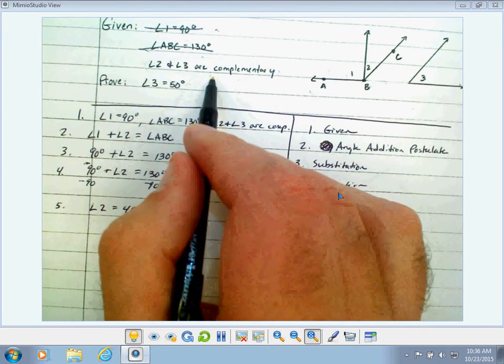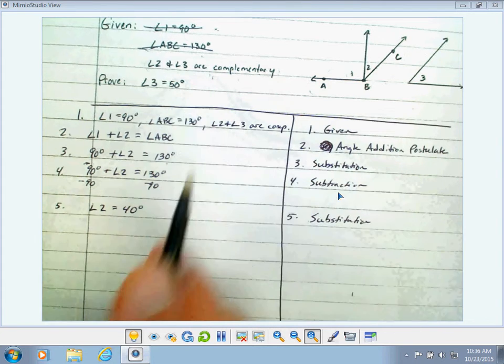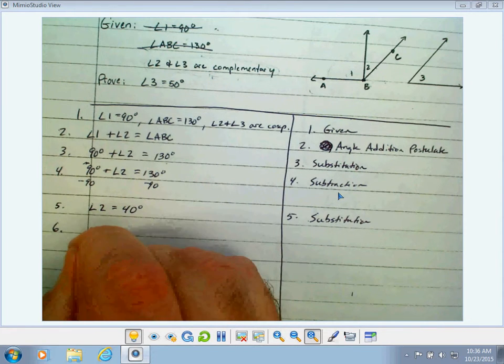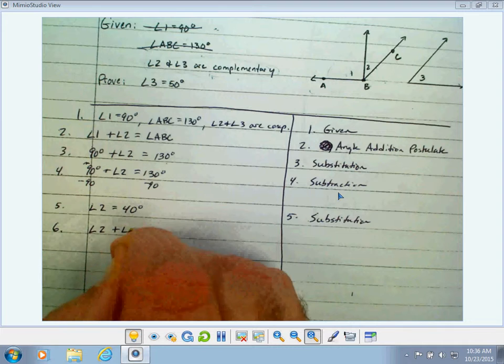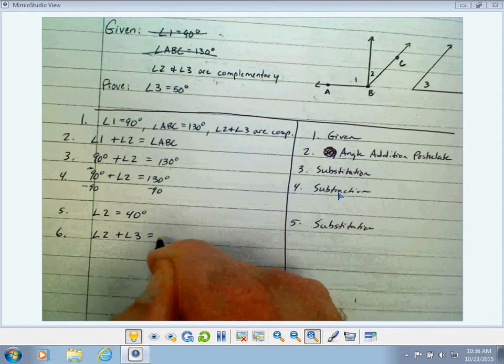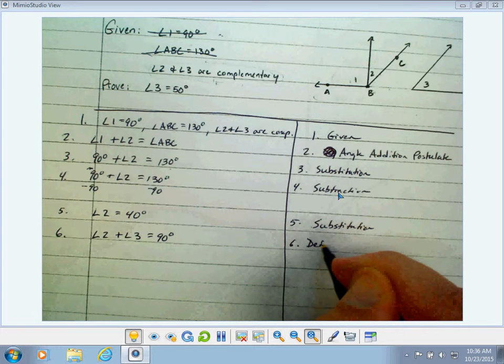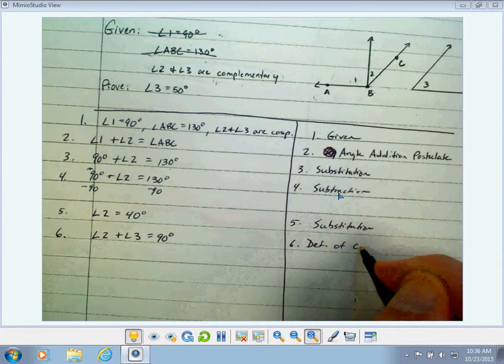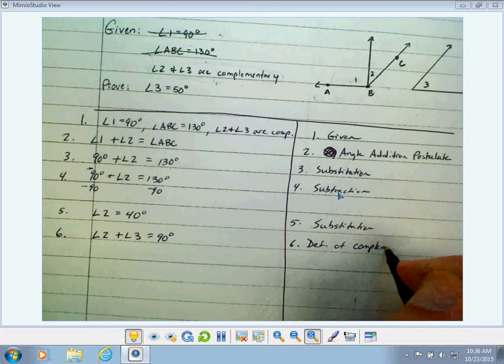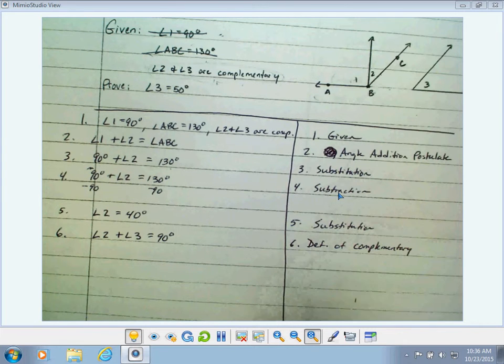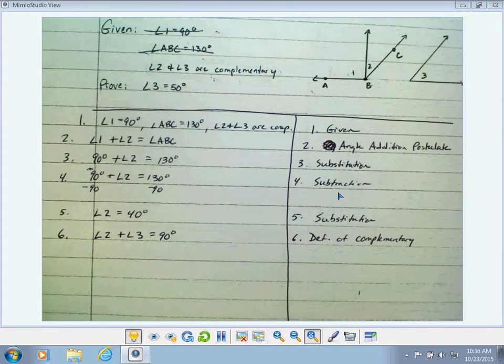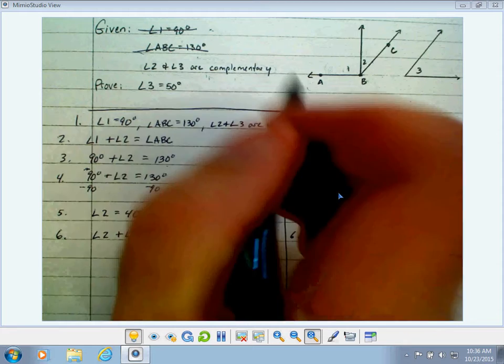So what does that tell me? Well, if I go to line 6, I know that angle 2 plus angle 3 equals 90 degrees. And that's the definition of complementary. So I've now used that.